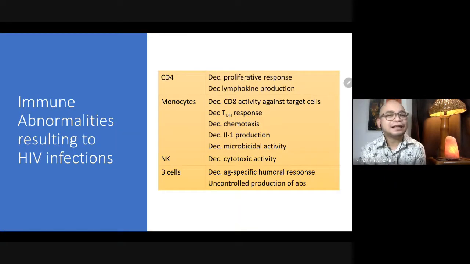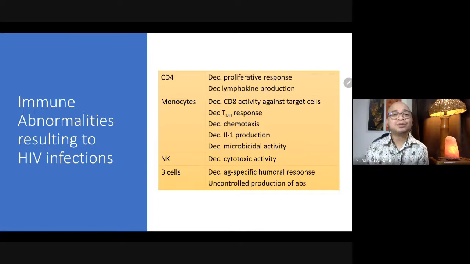Okay. There would eventually be immune abnormalities resulting from HIV infection. For example, the CD4 will have a decreased proliferative response and decreased lymphokine production. Monocytes will also be affected.